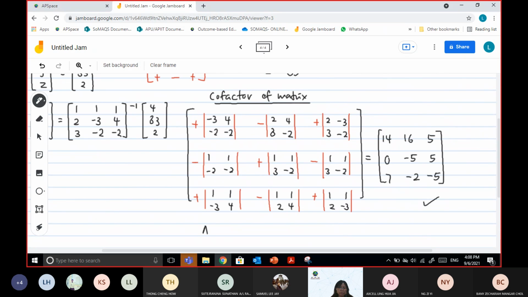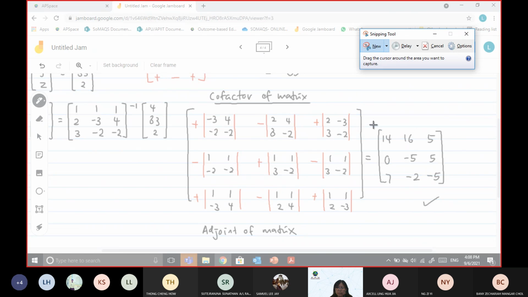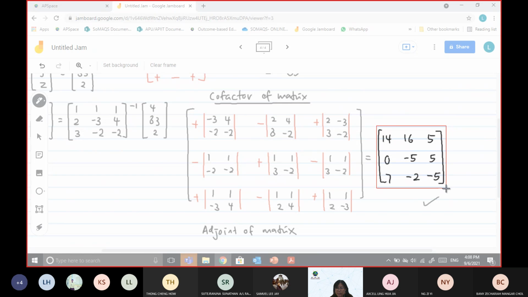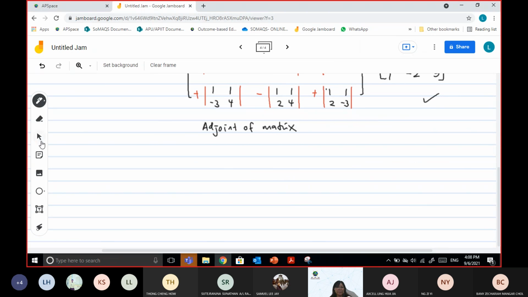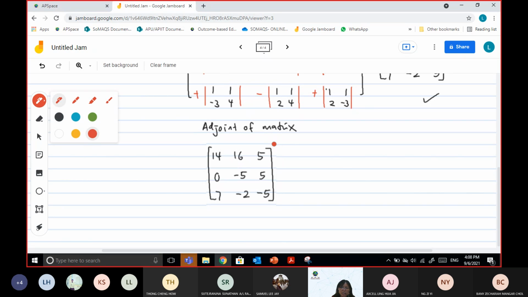So to get the adjoint, you need to transpose this matrix. When we transpose, row becomes column, column becomes row.